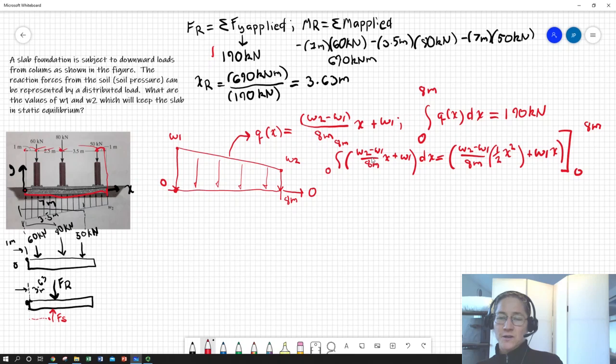Okay, let's make sure we did our integration right. This is all a constant, so it stays. The integral of x is going to be 1/2 x squared. This is a constant. The integral of a constant with respect to x is W1x.